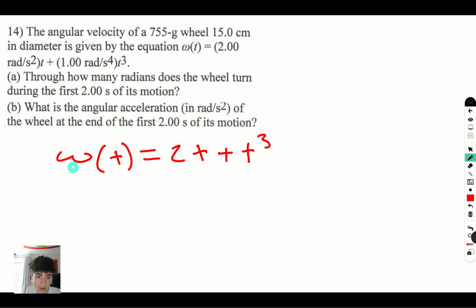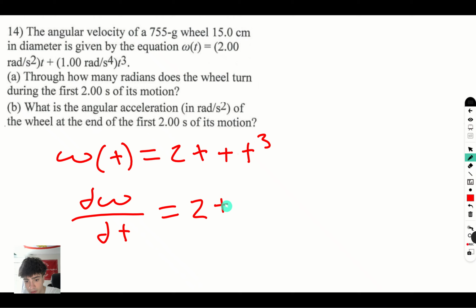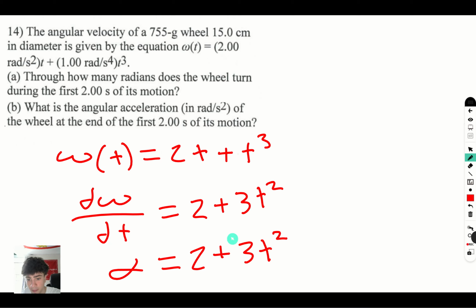The derivative of omega in terms of t is going to be d omega dt. Derivative of 2t is going to be 2, and the derivative of t cubed is going to be 3t squared. We know that d omega over dt can be simply written as alpha, and so here we have our equation for alpha.